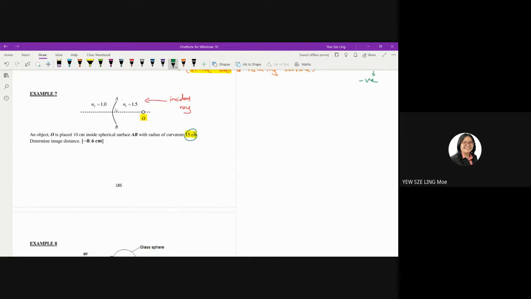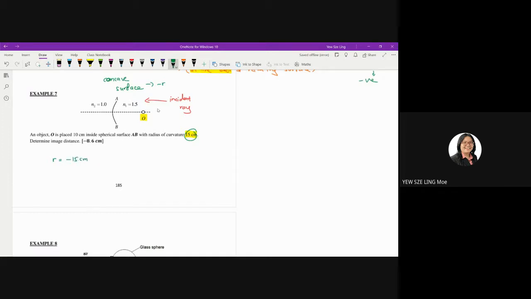By looking at the diagram, if I make a complete circle for this AB, you will see that the incident light ray is hitting the inner surface of the circle, which means this surface is a concave surface, and thus R should be a negative value. So R equals negative 15 cm.